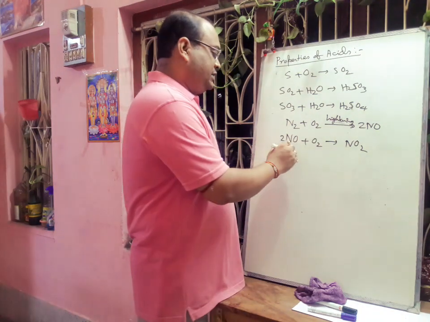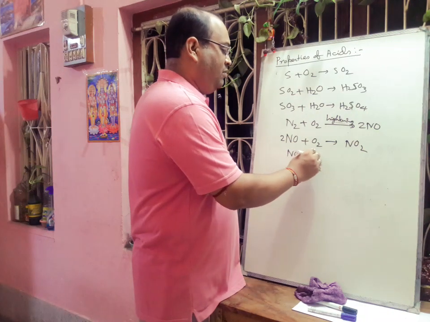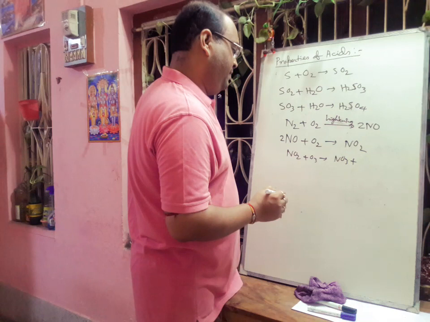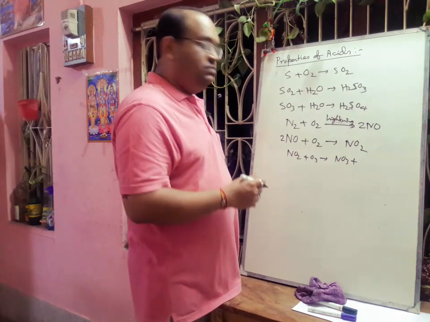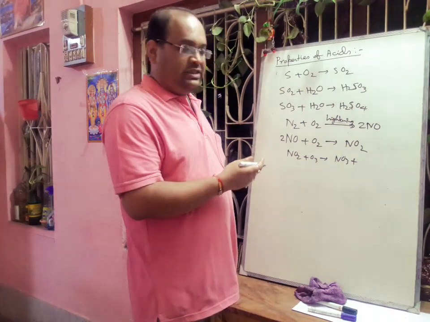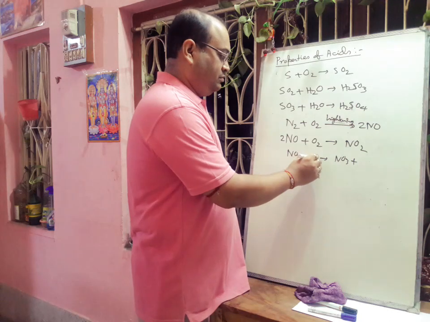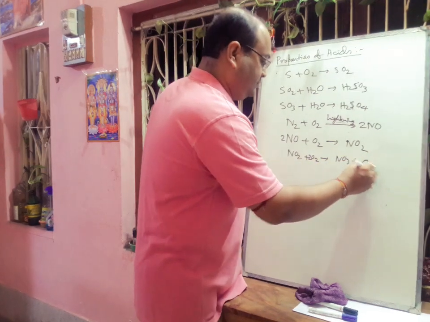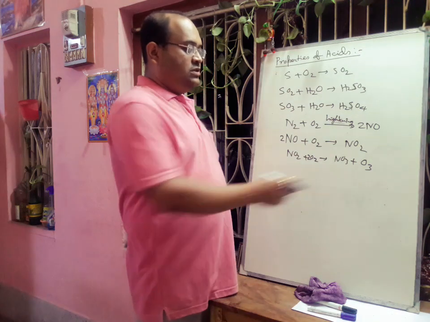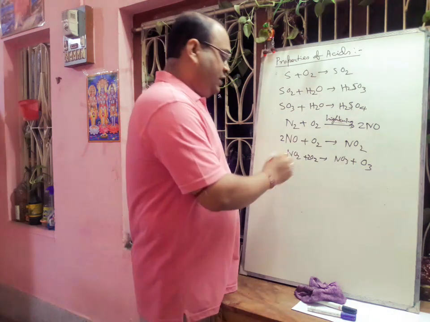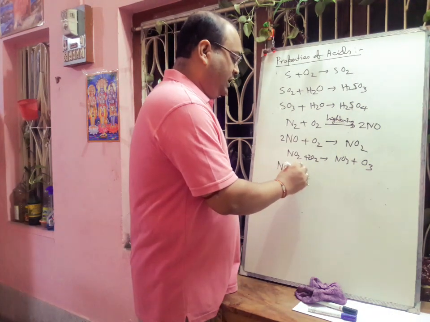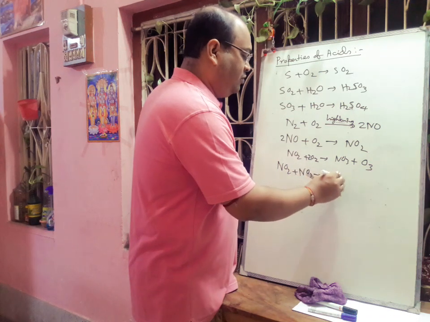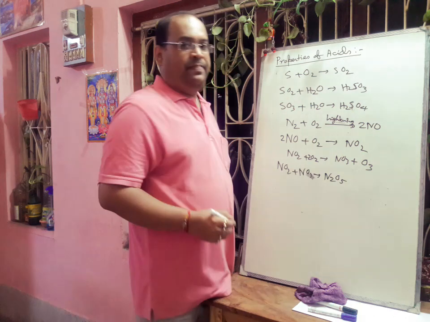Now this nitrogen dioxide again reacts with oxygen forming NO3 plus O3, that is ozone. Now these NO2 and NO3 will react with each other to form N2O5, nitrogen pentoxide.